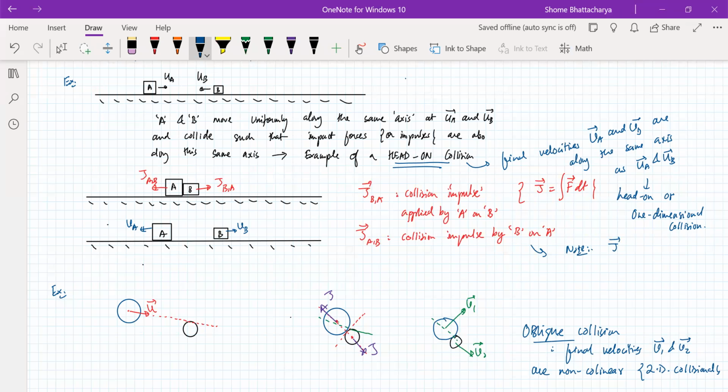Impulse applied by A on B will always be equal and opposite to impulse applied by B on A. So it will be minus of this. This is coming from the concept of action-reaction, and hence momentum will be conserved for the system.